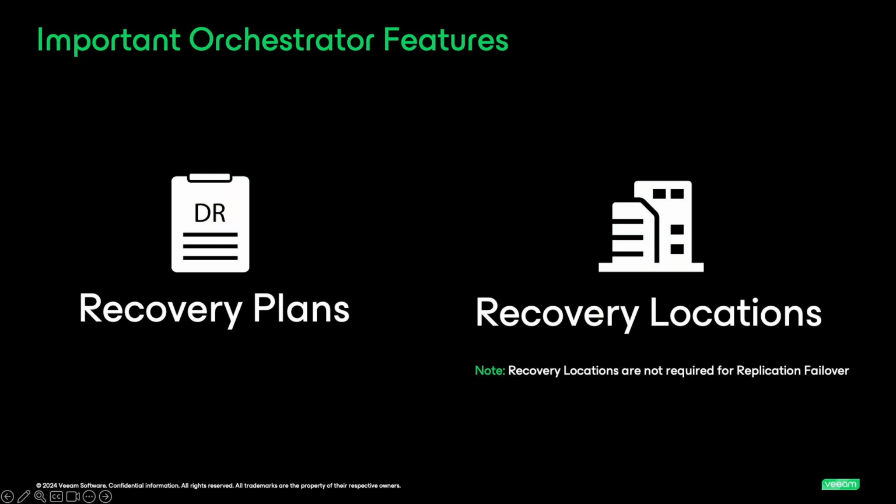And there is a note here that recovery locations are not required for replication failover, because when we create replication plans, by default all that's built into the actual replication. A replica already has its target location, so the target location would just be the replicated VM.